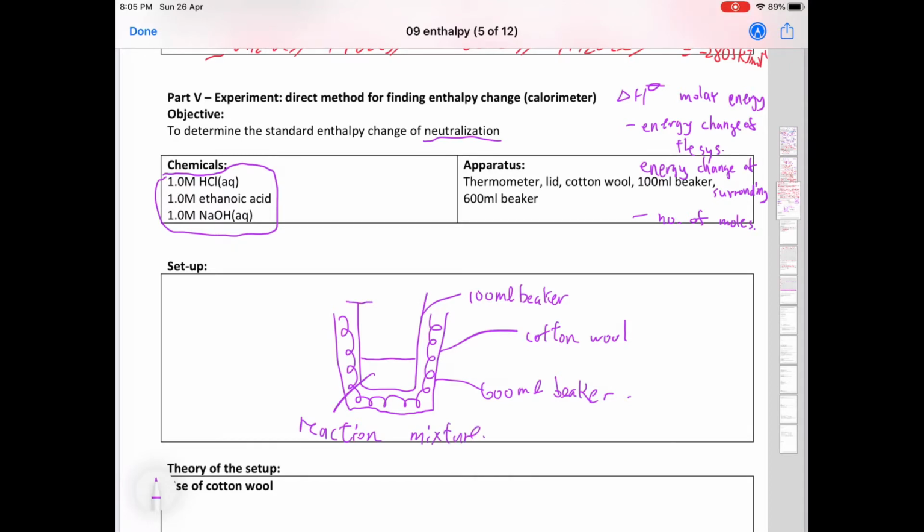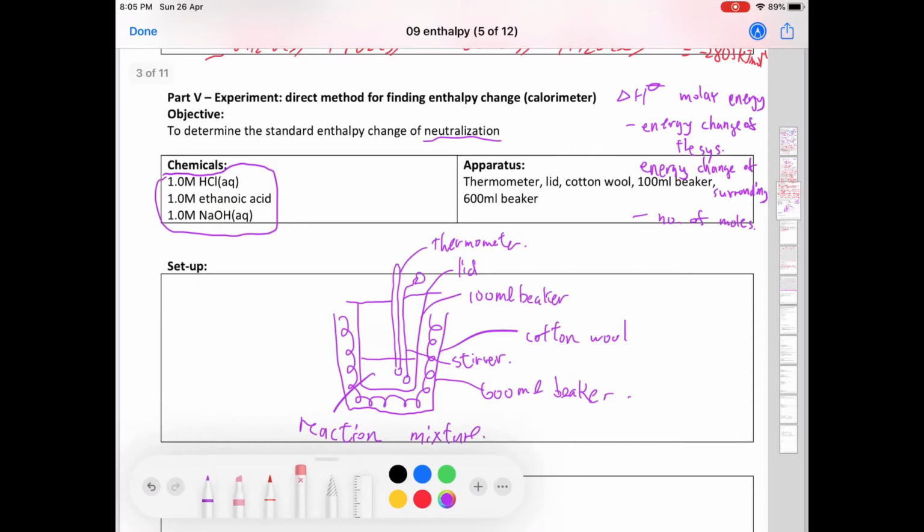Then we add a lid on the top, and then add a thermometer. In case you have one, you can use a stirrer to mix the solution well. And that's all for the setup.